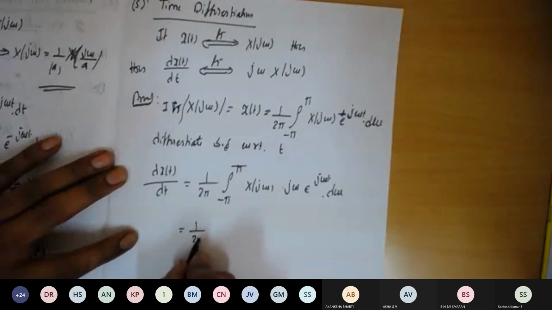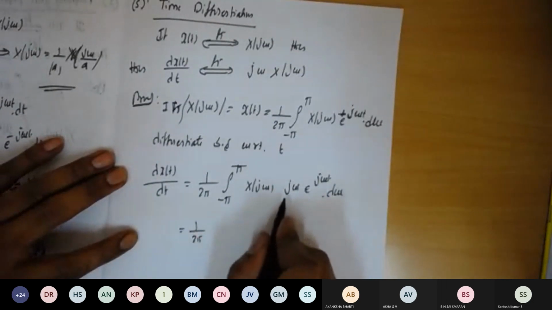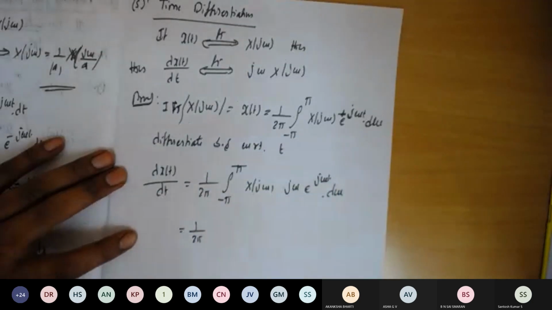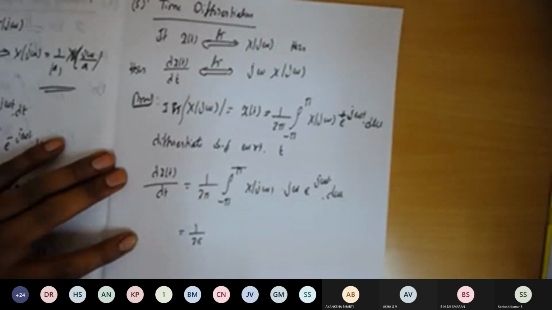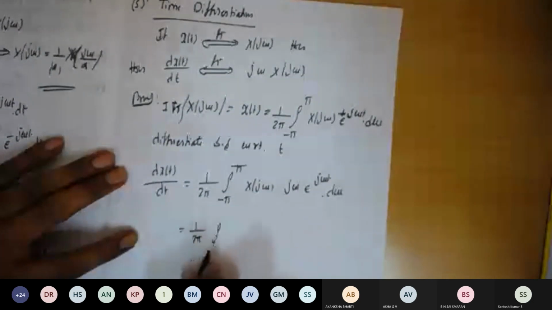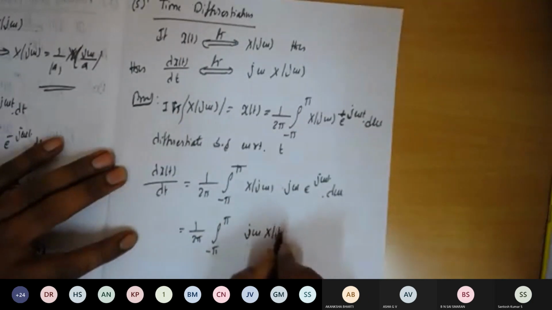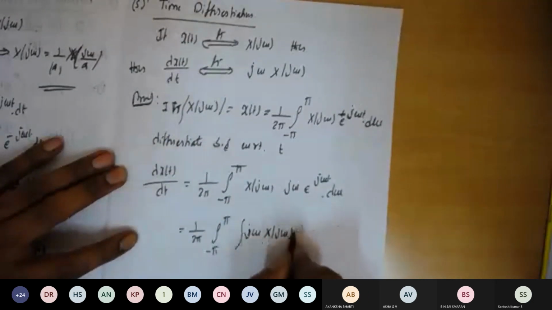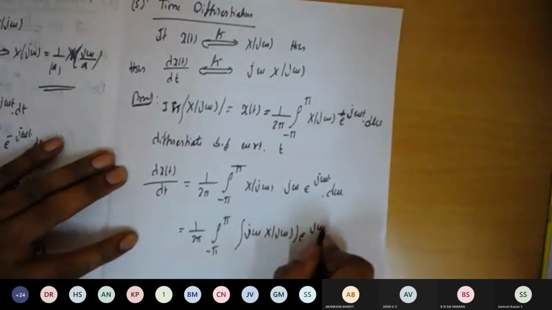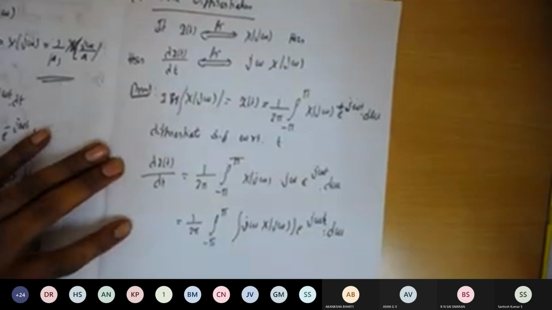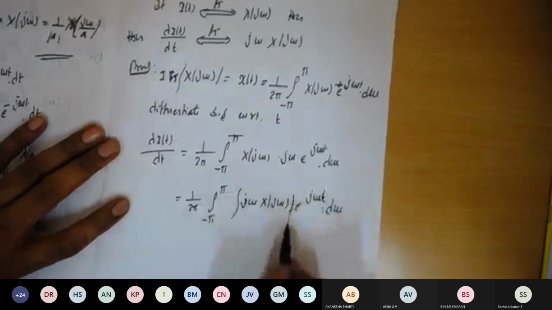Rearranging the terms, we have 1/2 pi integral from minus pi to plus pi of j omega into X of j omega into e to the power of j omega t into d omega.